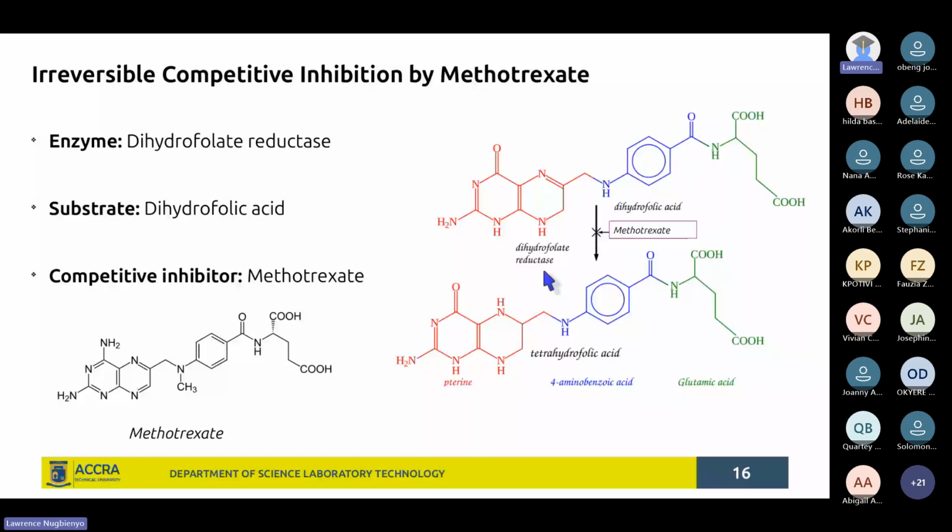So that is a transfer of genetic material, so that the growth and reproduction of cancer cells is inhibited.